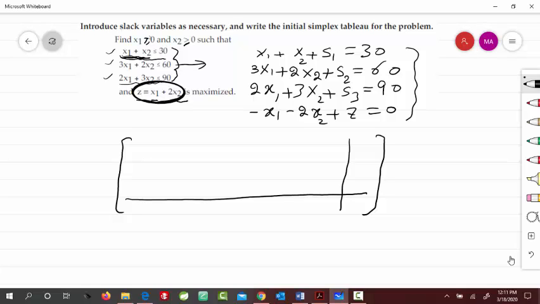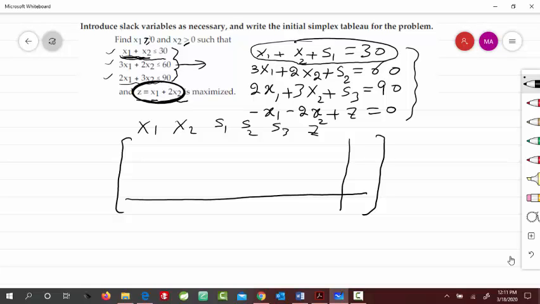On the top of the table we write the variables x1, x2, s1, s2, s3, and z. From the first equation, we write its coefficients and then the constants.